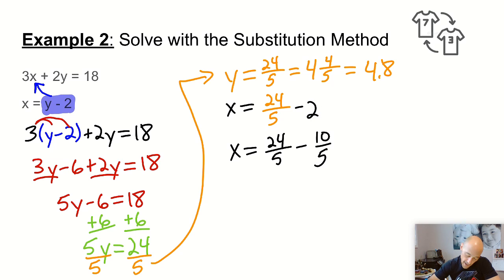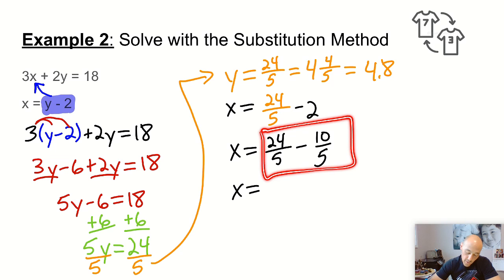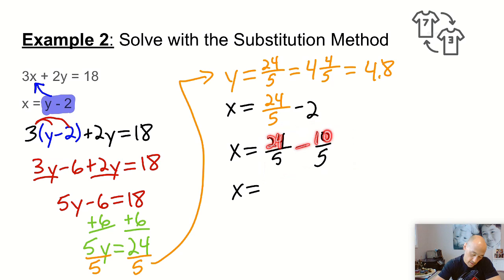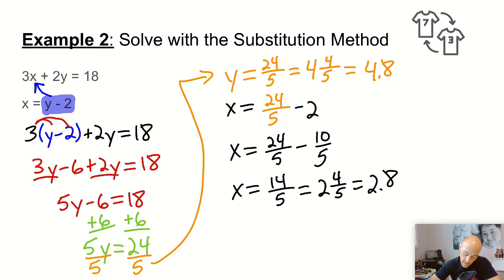Okay. So now in our subtraction here, we have common denominators. So we do 24 minus 10. Well, that's 14 over 5, which is 2 and 4/5, or 2.8.